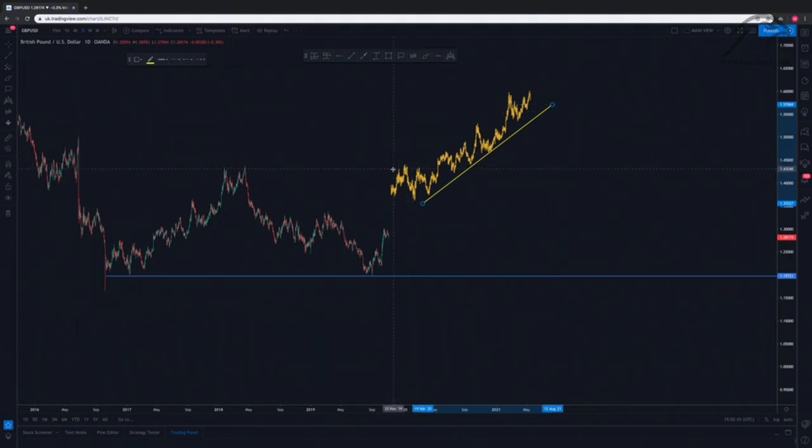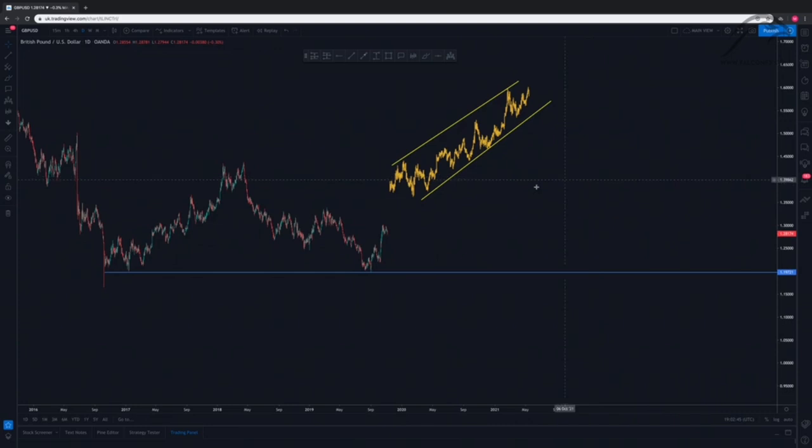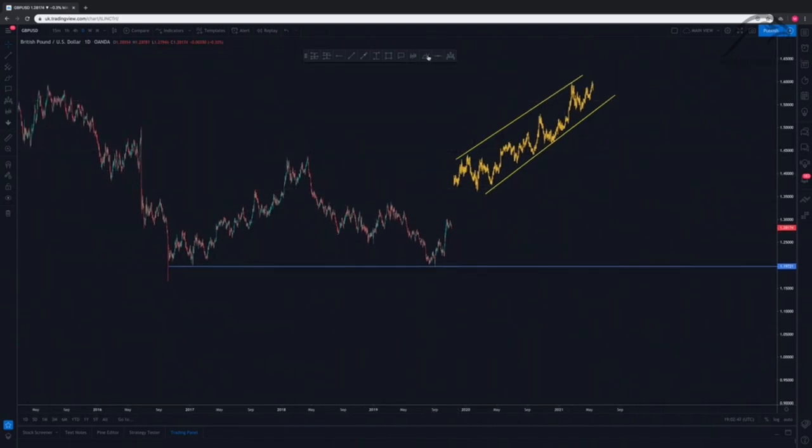Now, with this ascending channel, let's just draw this on roughly. What happens? We break this impulsively, which is this section here. Once we break this impulsively, and that is the key, not correctively, impulsively, we then activate the 90% rule. Once that happens, we have a 90% probability that we will fill 90% of this correction.